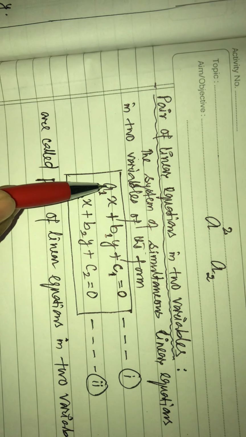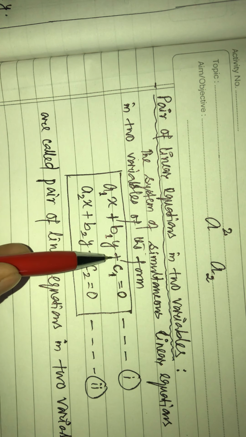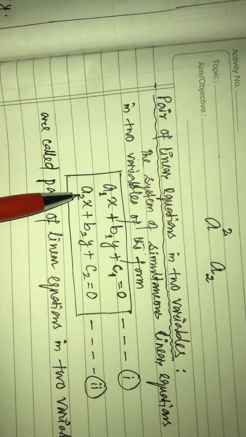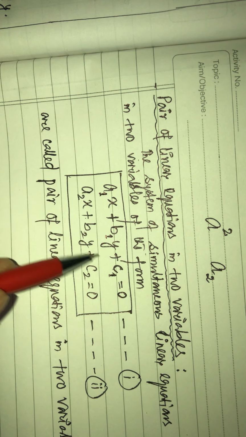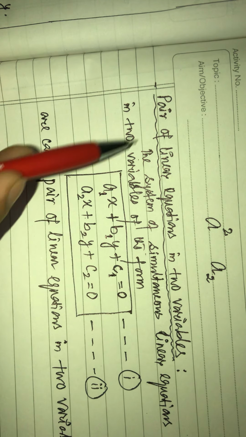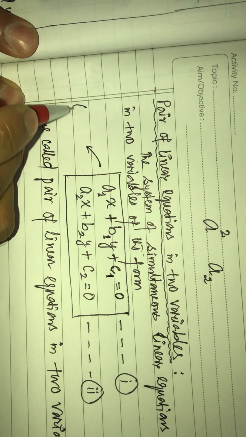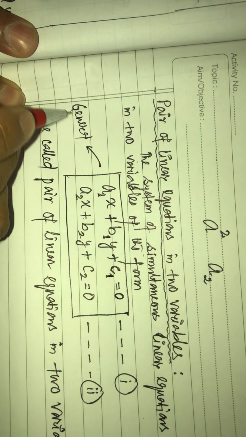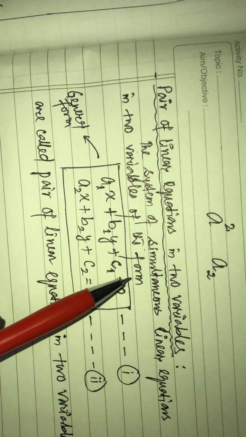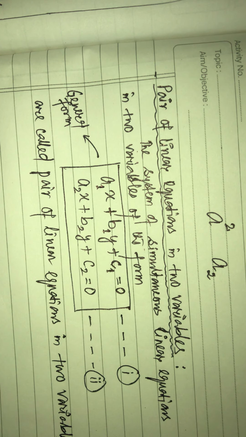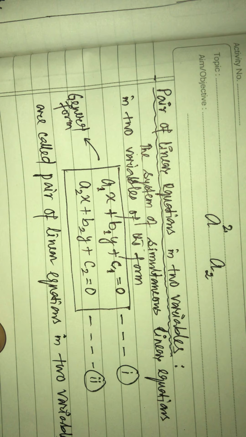Now this form, a1x plus b1y plus c1 equal to 0 and a2x plus b2y plus c2 equal to 0, is also called the general form of a pair of linear equations in two variables. So this is what we actually need in this chapter.